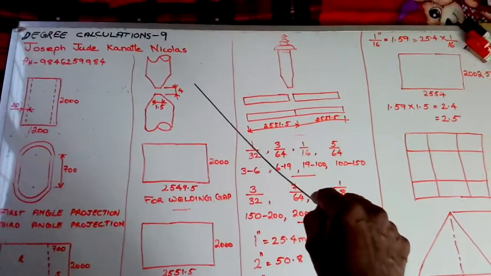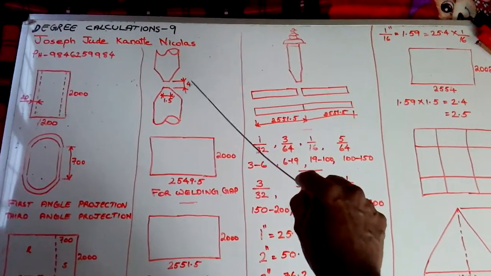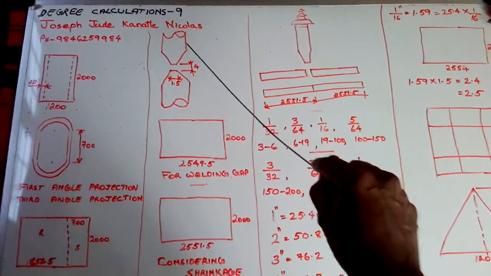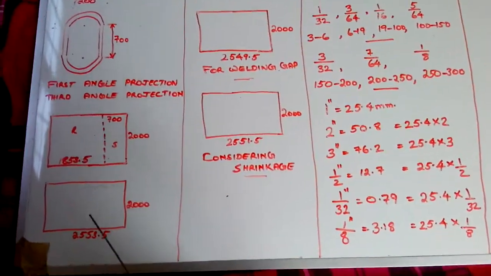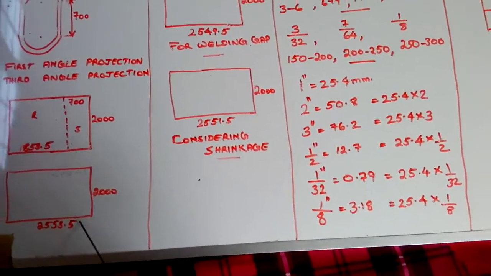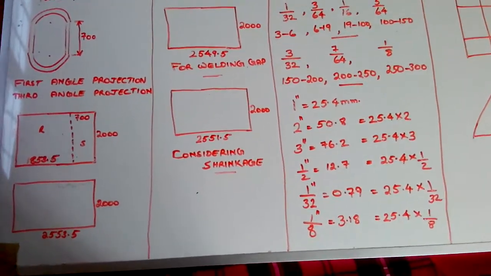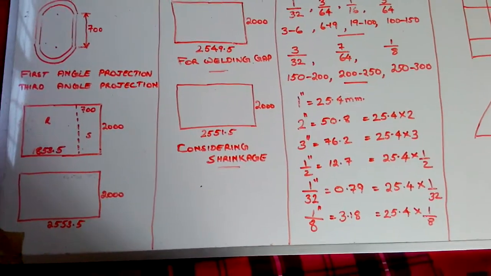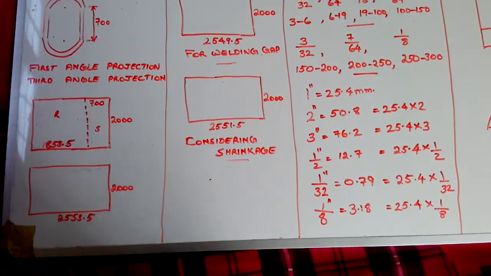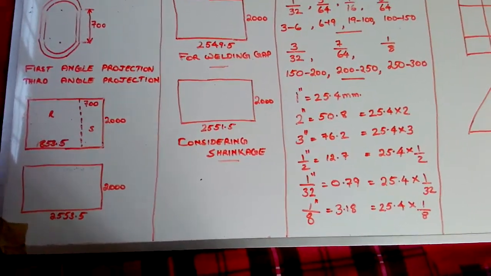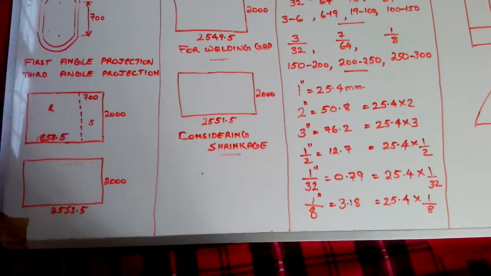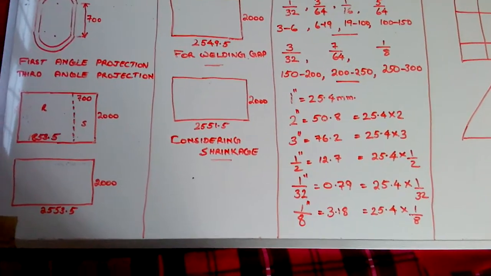If we need a 4 mm gap for welding penetration and we take the full length of 2553.5, there won't be a gap. In another way, to make the gap, we will have to do grinding or extra gas cutting, and we will lose manpower.